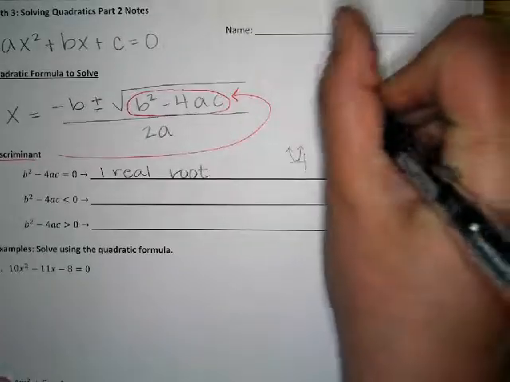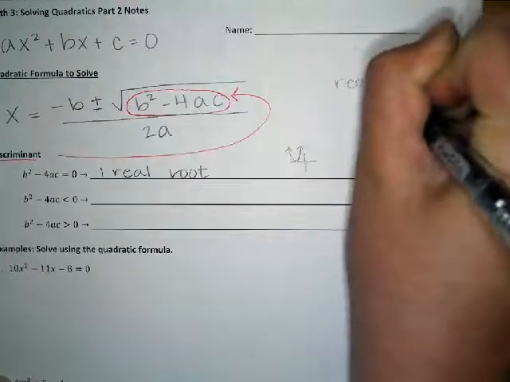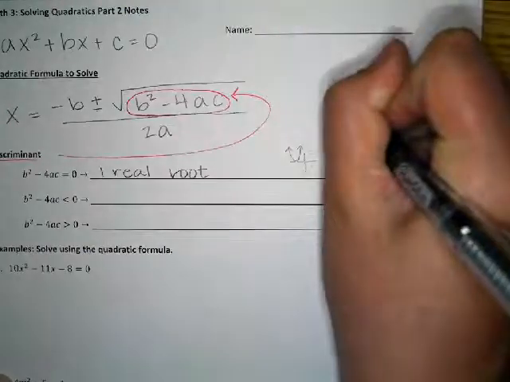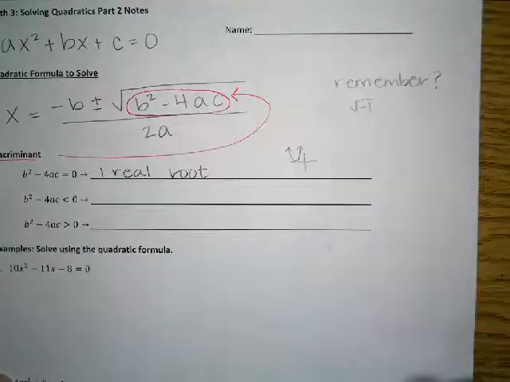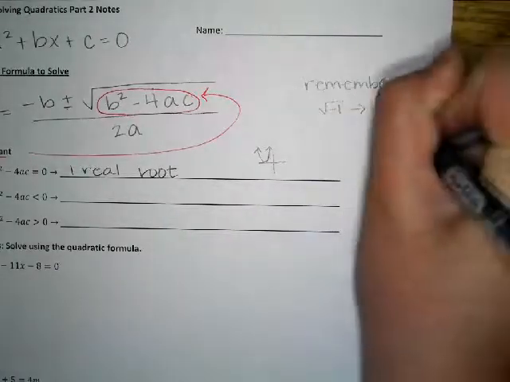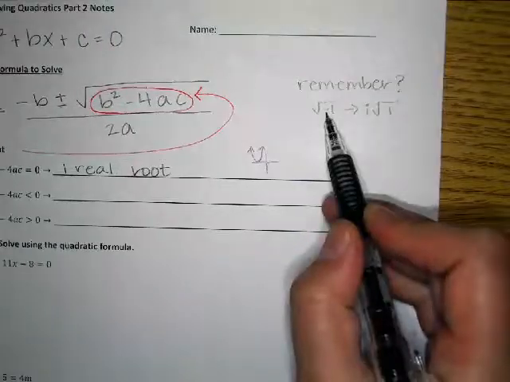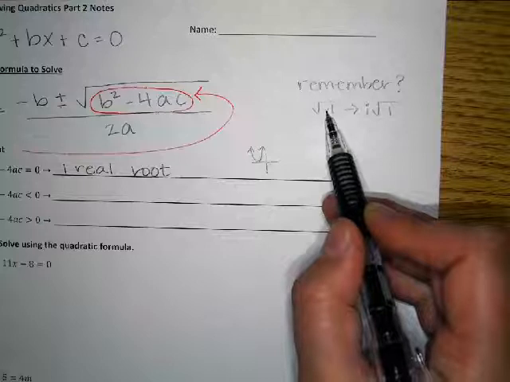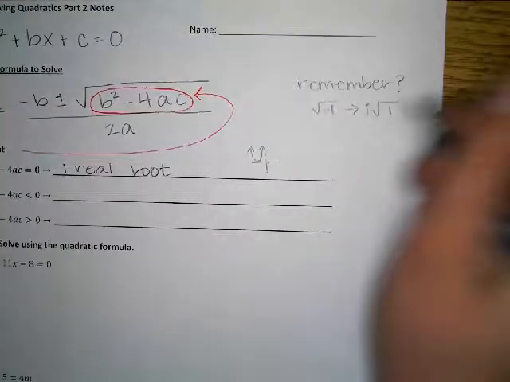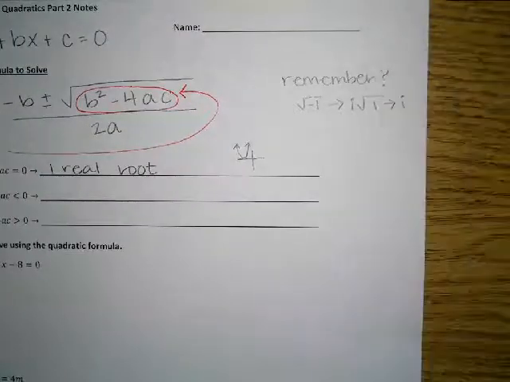So remember, if you have the square root of negative 1, you turn that into a 1 with an i in the front. So anytime you take the square root of a negative, you make the negative positive, and you stick an i in the front. So the square root of negative 1 is actually just i.